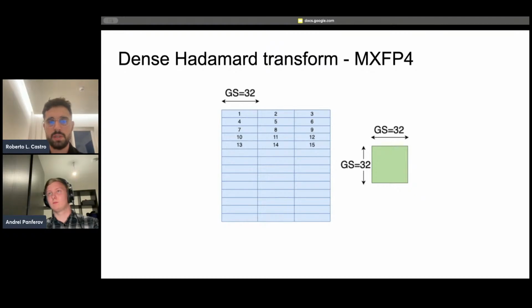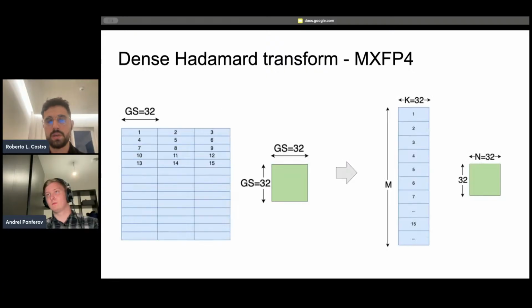That means that instead of applying this 32 by 32 block to each block on this blue matrix, we can just transform this problem to this one, because all the information is contiguous in memory, and that means that this Hadamard transformation can be applied as a normal GEMM, right?